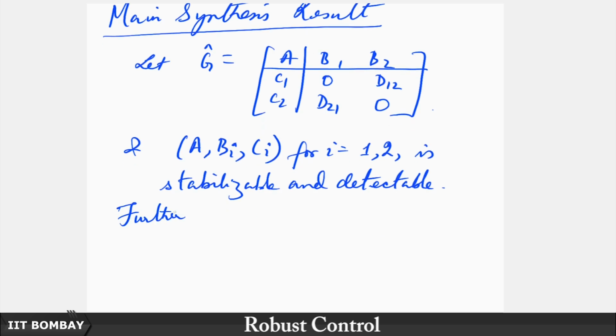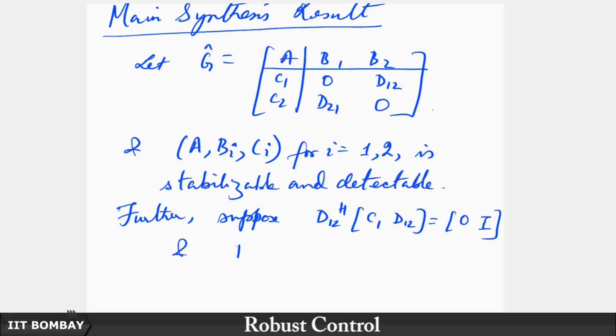Further, suppose D12 Hermitian C1 D12 is equal to 0 I, and D21 Hermitian C2 D21 is equal to 0 I.